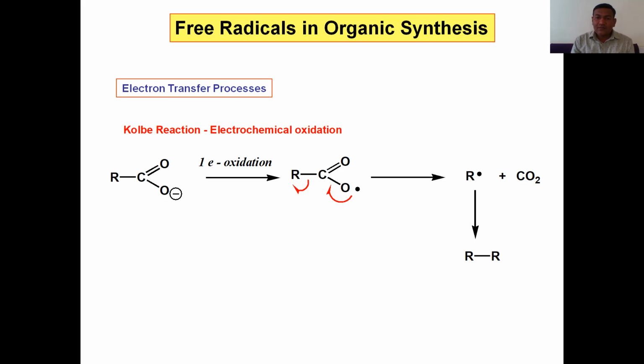This radical will get transformed, and you will get the R radical after decarboxylation. And the R radical gets converted into R-R, meaning a higher alkane. Okay, this is the Kolbe reaction.